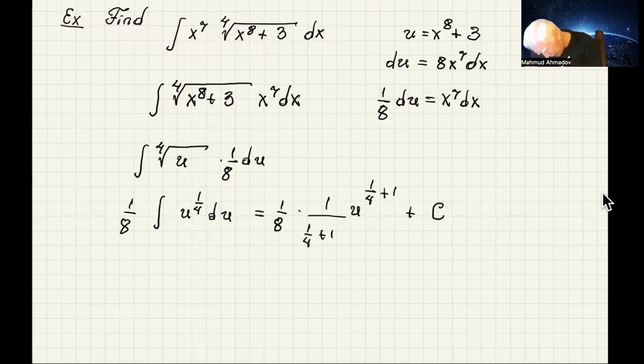So let's simplify the exponents. It's going to turn into 1/8 times u to the 5/4, and the expression in front of this u to the 5/4, after simplification, is going to be 4/5.